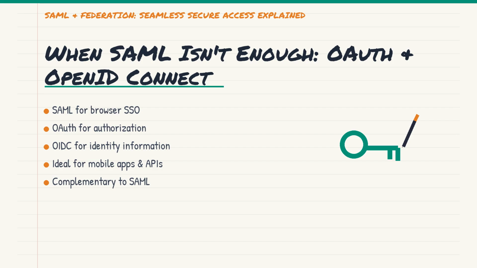OIDC builds on OAuth 2.0 to add an identity layer, providing information about the authenticated user. Think of OIDC as the who you are and OAuth as the what you can do. These are crucial for modern mobile and API security. So, SAML for your browser-based web apps, OIDC and OAuth for your mobile apps and APIs. They're often used together.